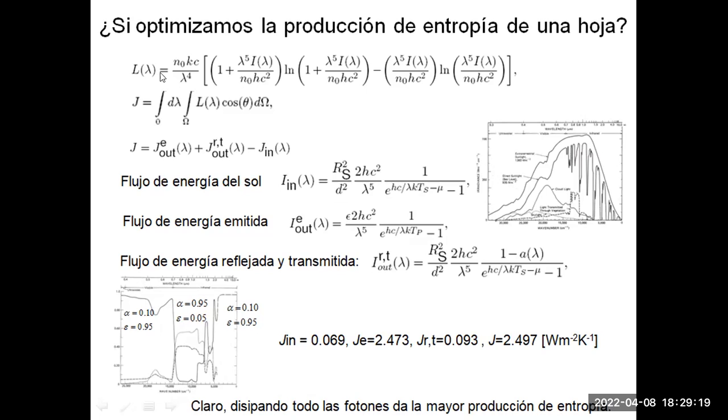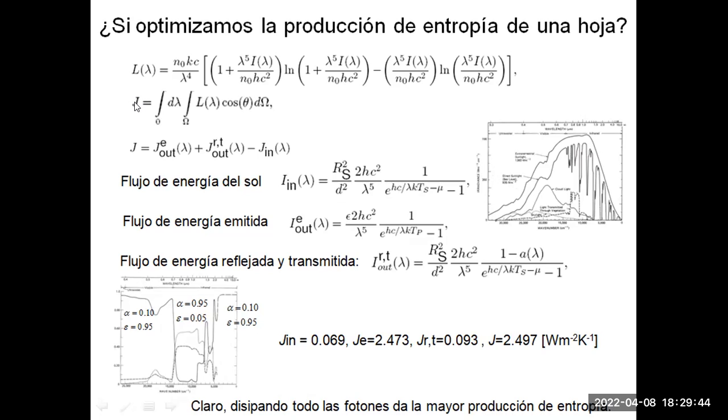This is the entropy of an arbitrary beam of light, and it is given by the spectrum I as a function of lambda, the wavelength. To get the total amount of entropy over the spectrum, we just integrate over wavelength and over the solid angle which the source is emitting.